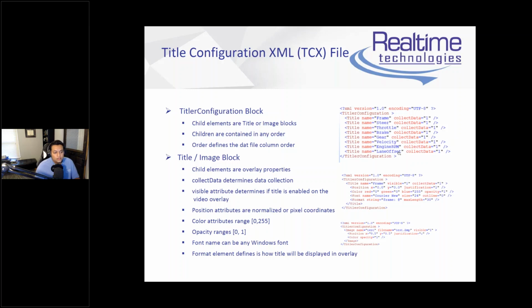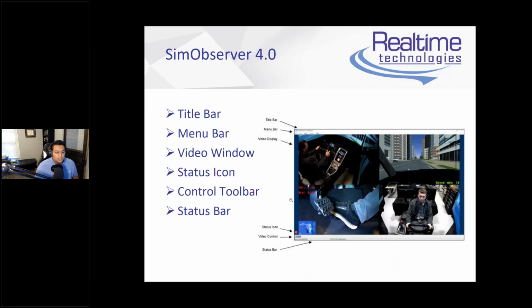So each one of those, you can place the different titles. So I'll go back to this picture here. In this picture, we have a throttle and brake. Those are titles that we've added so that you can see those outputs next to the footwell. In addition, we have the speed of the vehicle here that we can also capture. So these are the different camera angles that you'll be seeing when you're recording SimObserver.